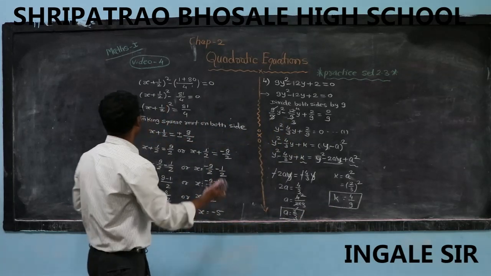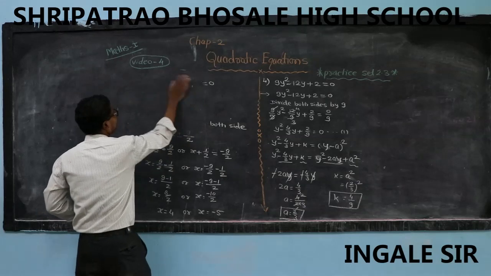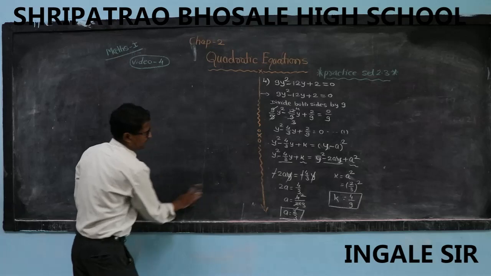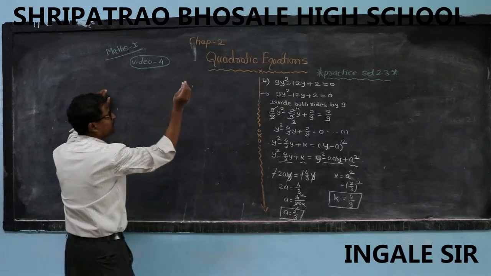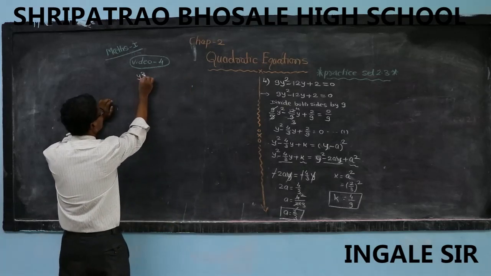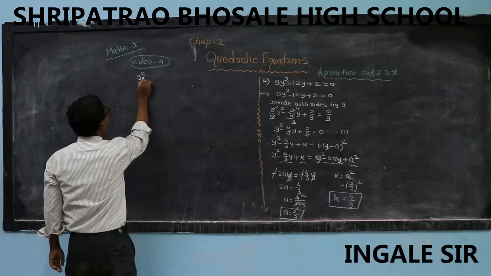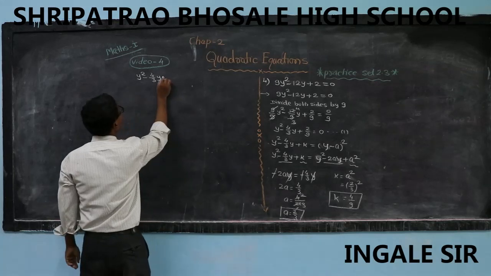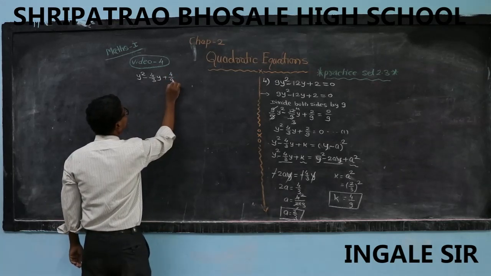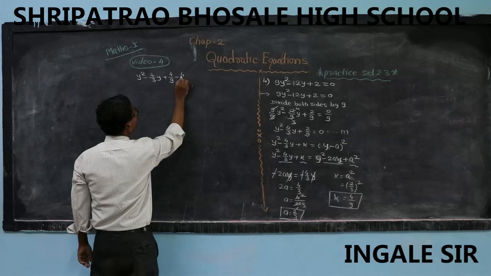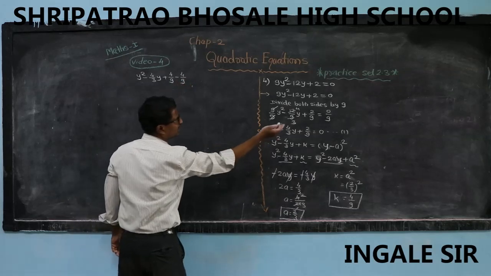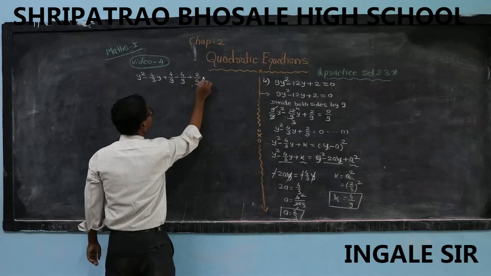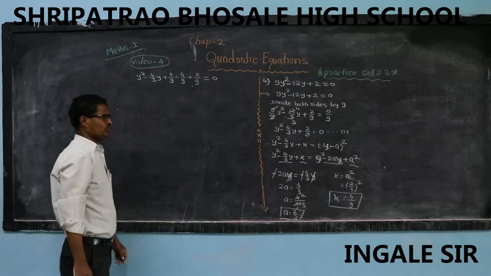Now put the value of a square, 4 by 9, in equation 1. Y square minus 4 by 3y, now put the value plus 4 by 9 minus 4 by 9, plus 2 by 9 is equal to 0.